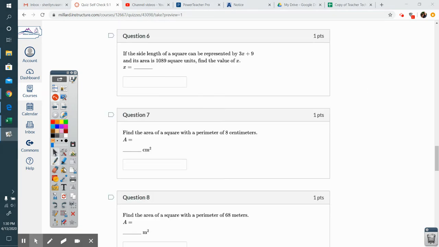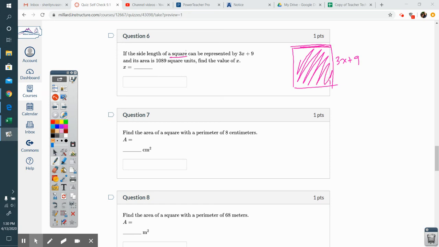If the side length of a square is 3x plus 9, and its area is 1,089 square units, find the value of x. Well, the way to solve this is you would take this, multiply it by itself, because area is what's inside, and it's always length times width.